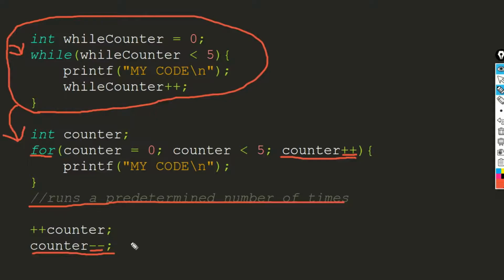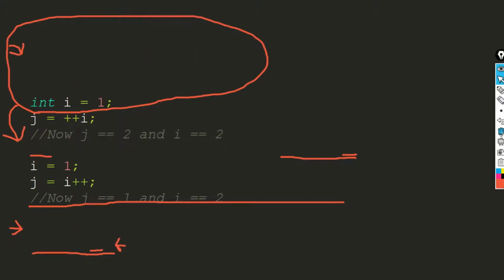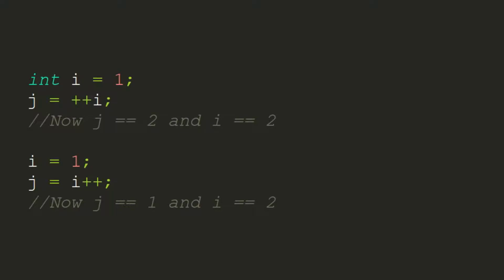Just a little note though about increment and decrement operators. You can put them before or after the variable, as you see on the screen there, except if you put it before the variable, it will add 1 to that variable and then return the value. So say we say j equals plus plus i, i will have 1 added to it, and then j will be assigned to the new value of i.